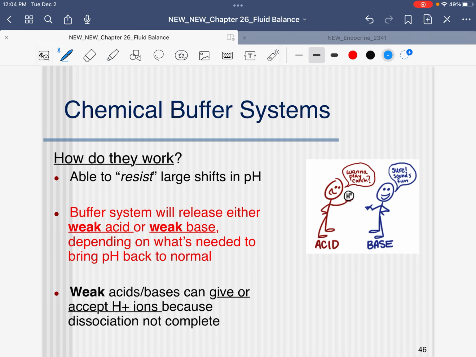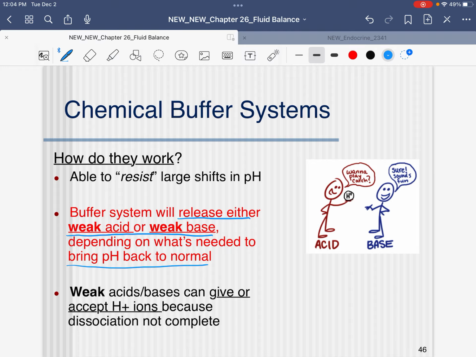I think I mentioned this at the end of class last week, but let's understand the basics of how this works. How do these chemical buffer systems work? What they do is they release either the weak acid or the weak base, depending on what's needed, to bring the pH back to normal. It's a short-term solution.